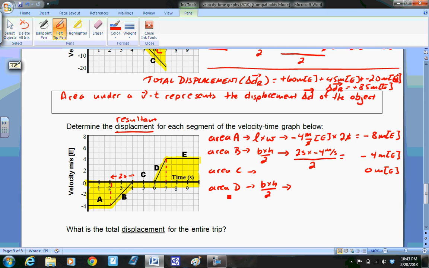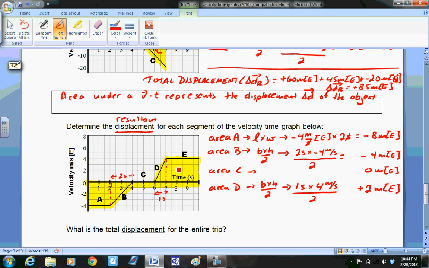The base here is only 1 second. And my height here is 4, positive, meters per second, all over 2. And you calculate that out. 4 divided by 2 gives you 2 meters east. And it's a positive area. So in other words, it's an eastward displacement.